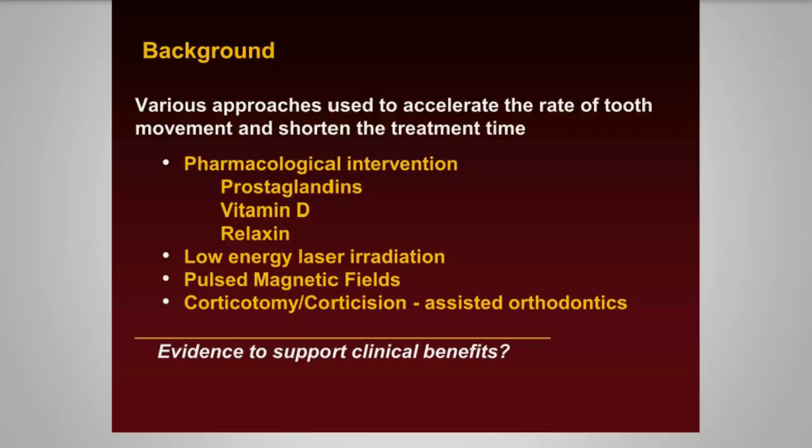The excitement for each of these was great when the first papers were published, whether in animal studies or in humans in some cases. But when we started looking by the criteria that I was mentioning in the introduction, and by the criteria of the review that we are going through right now together, looking for the evidence to support clinical benefits was very difficult.